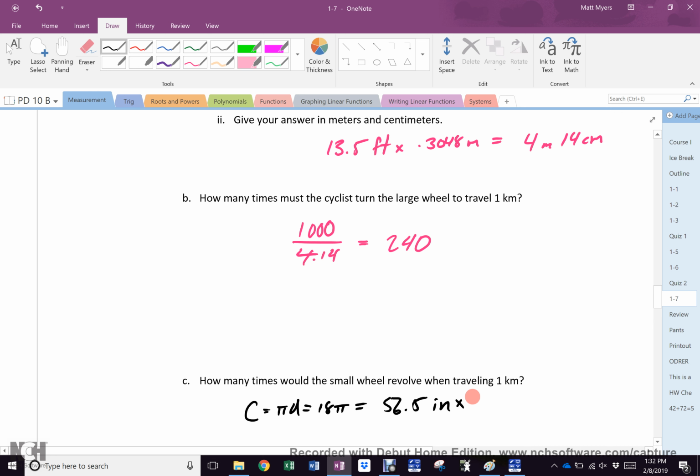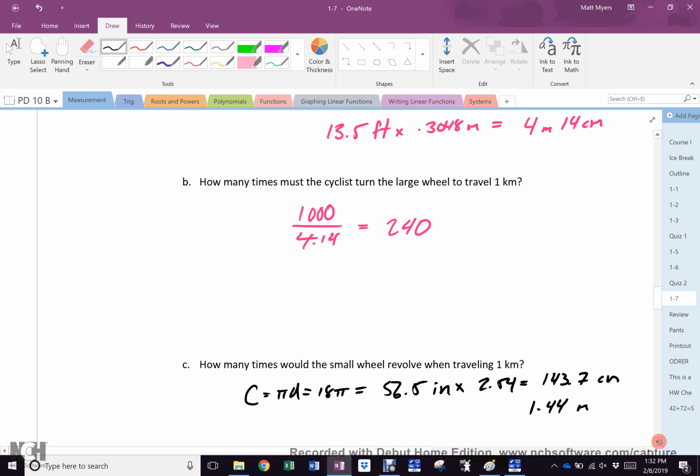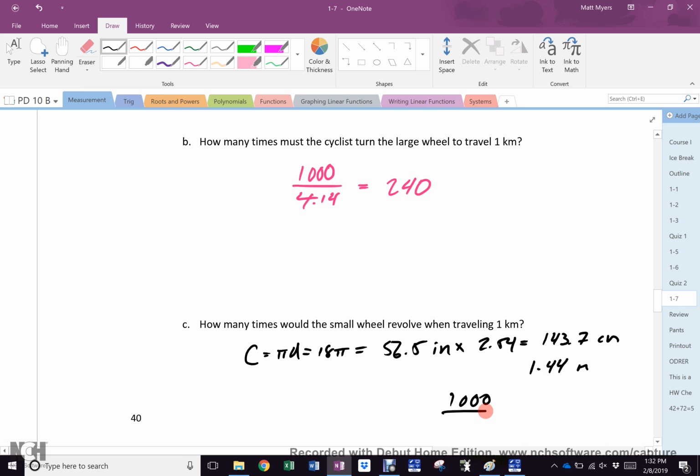I then change that using 2.54 to get centimeters and meters, which is 143.7 centimeters, which is 1.44 meters. So I do 1,000 divided by 1.44 to get that answer, which is going to be somewhere in the neighborhood of 650. 690, great.